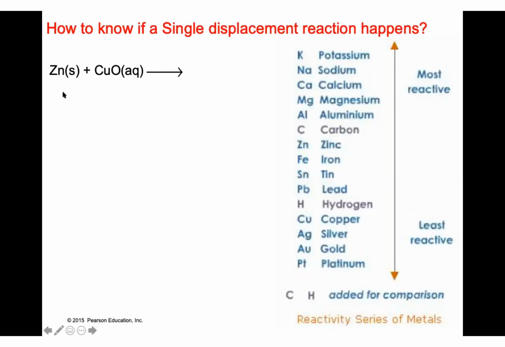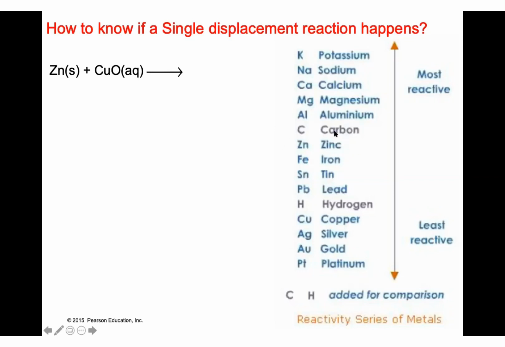Here, let's compare zinc with copper. Always make sure to compare the metals, or compare the positive ions, okay? I compare the zinc here with copper. Which one is in the top part of the table? Zinc is here, right?